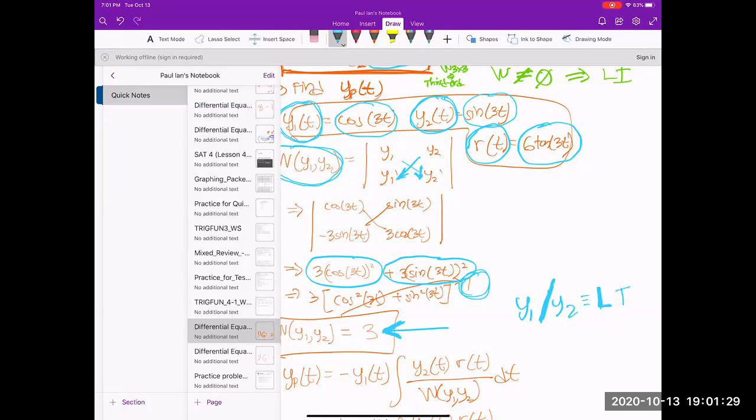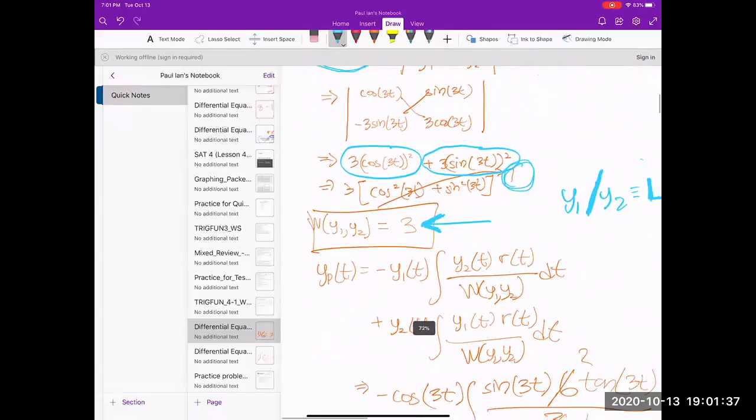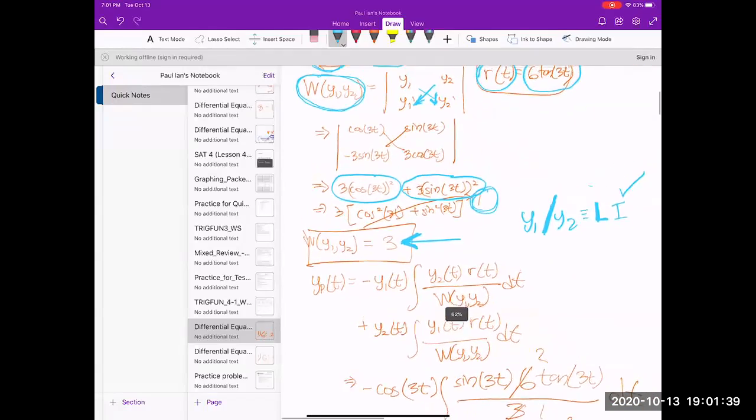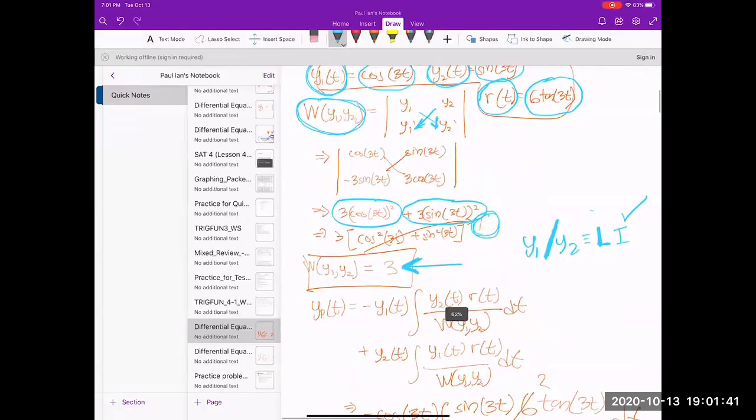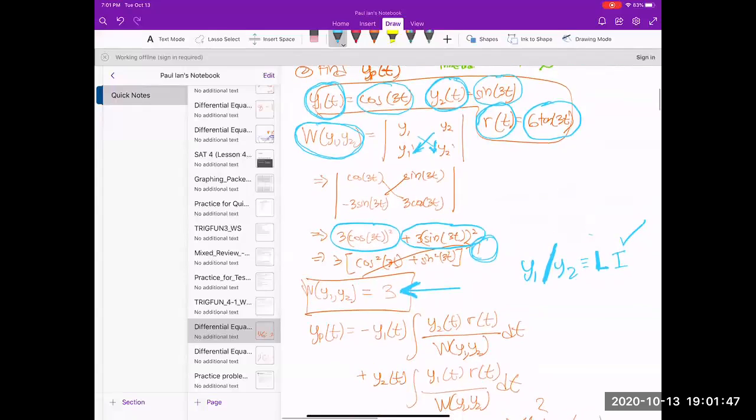Yeah, you got it. If it's non-zero, it's linearly independent. The Wronskian is 3, which makes sense, because if it was linearly dependent you wouldn't be able to expand this, since they're pretty much the same thing.